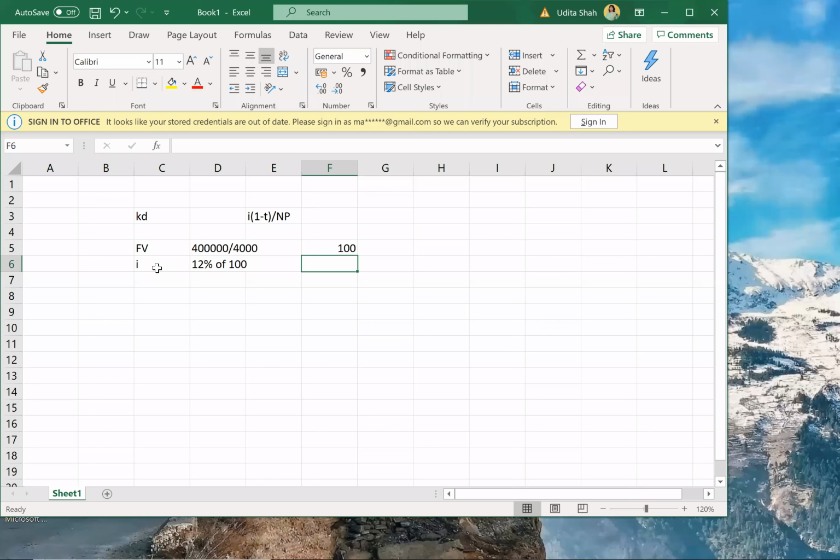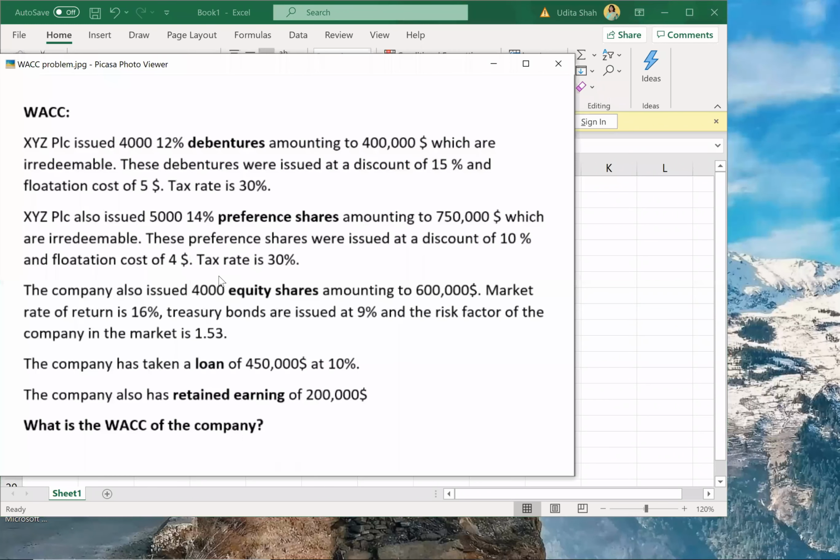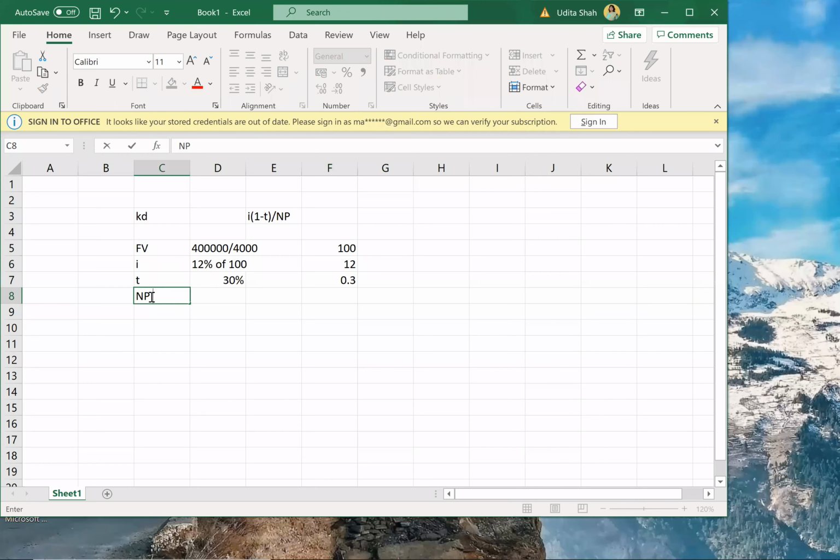Tax rate T is 30%, so 0.3. And then flotation cost is $5 and they were issued at a discount of 15%.